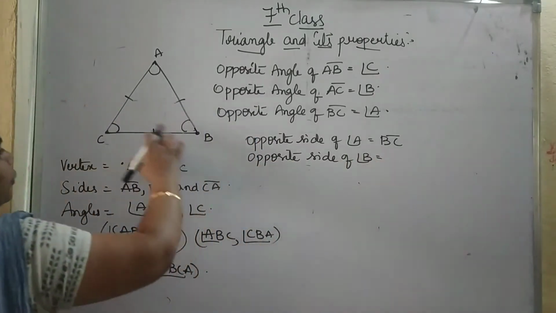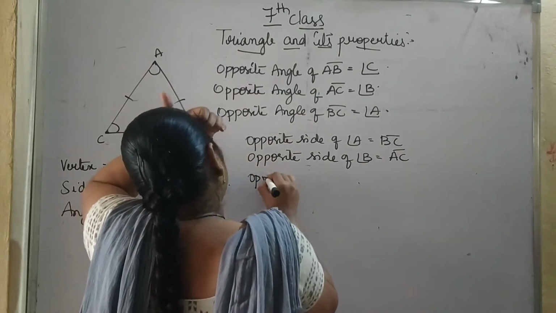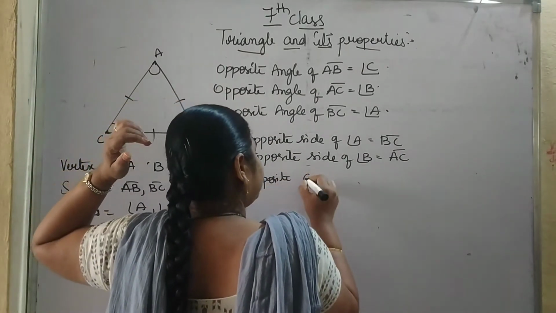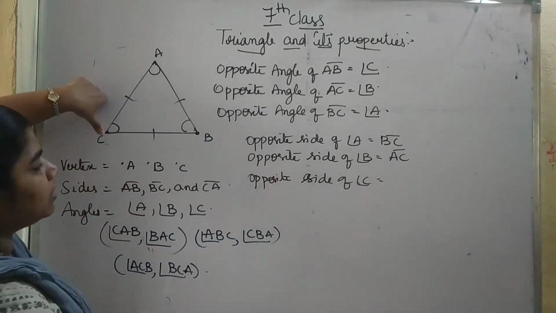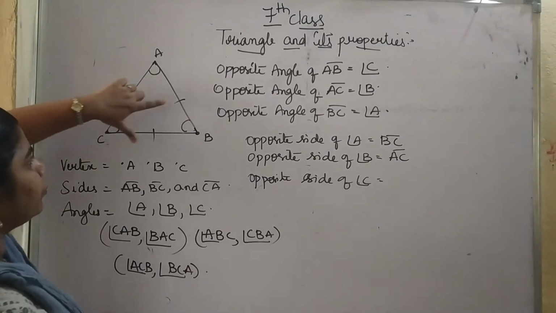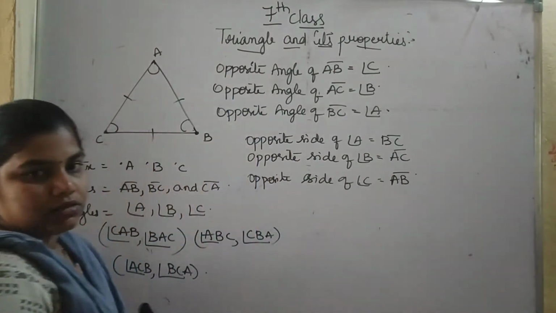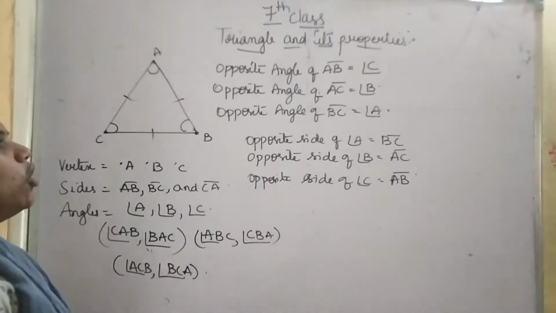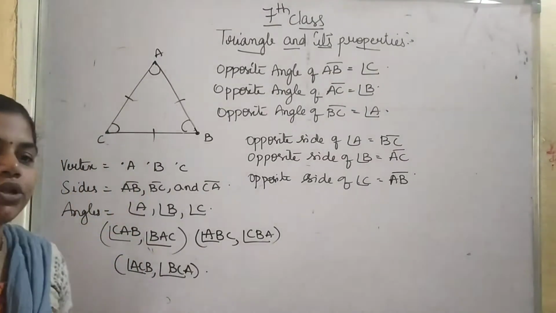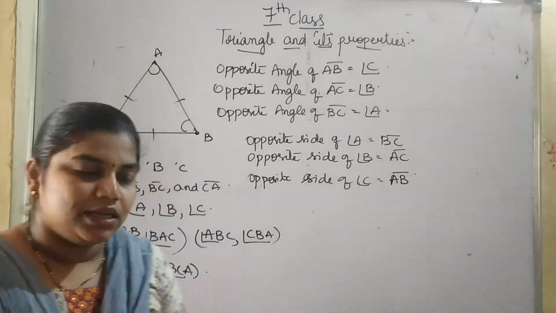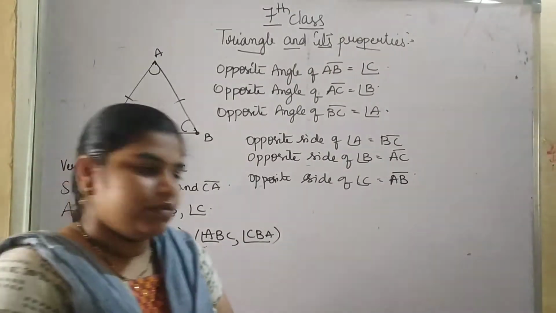That is the AC line segment. Next, what is the opposite side of angle C? AB is the opposite side for angle C. So these are the opposite sides and opposite angles, and we have 6 components in a triangle: 3 sides and 3 angles. So this is about triangle. Now we will learn how many different types of triangles there are.